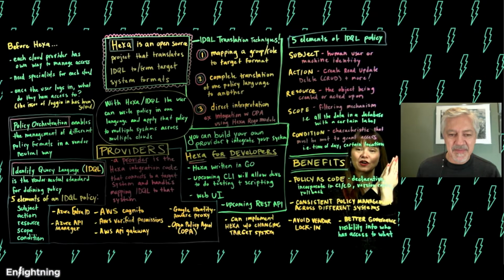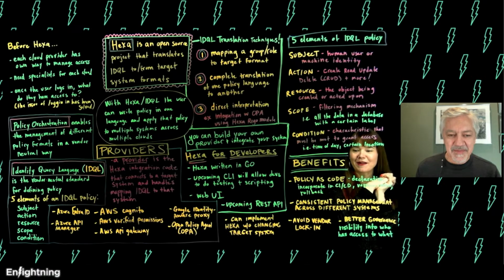And the scope is a filtering mechanism. So you could say all the data in a certain database with this label is the scope of this particular policy. And then finally, there's a condition, a characteristic that must be met in order to grant access. We talked about time of day or a certain location that might work for that.